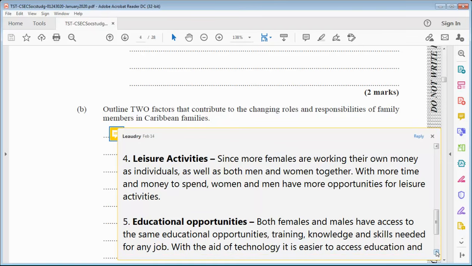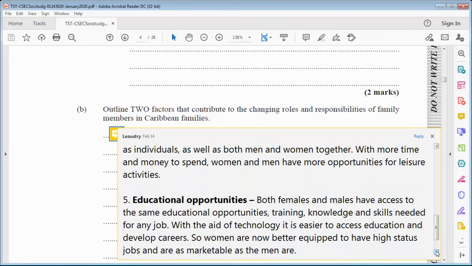What's another factor that has contributed to the change in roles and responsibilities of family members in Caribbean families? Here is another factor: educational opportunities. Both females and males have access to the same educational opportunities, training, knowledge, and skills needed for any job.